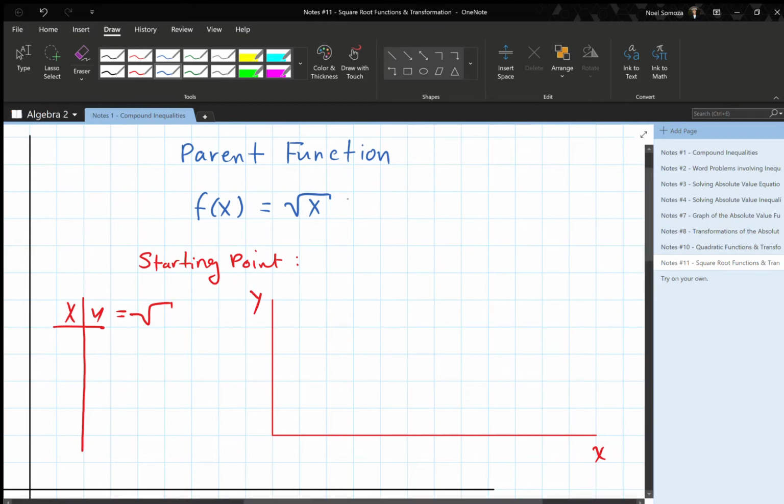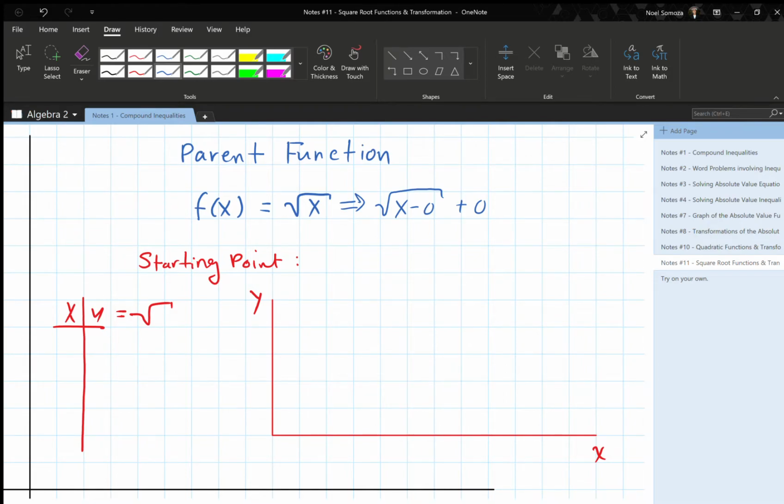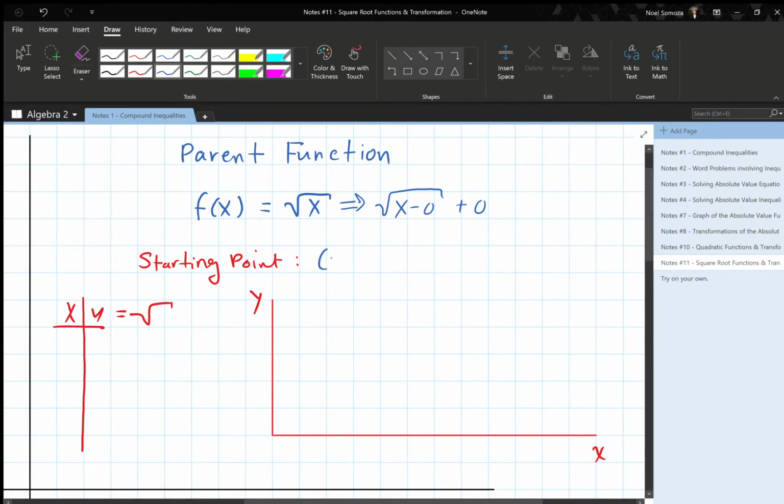Let's say if I were to rewrite this like I have before, if I were to take the square root of x minus 0 and then add 0 at the end, essentially I made no real change to it. So from here, we can see that, hey, this would be h, this would be k, so I could still now list my starting point as 0, 0. Okay.